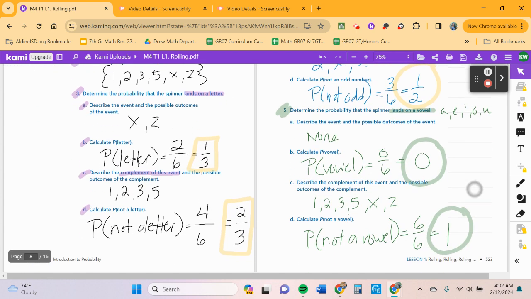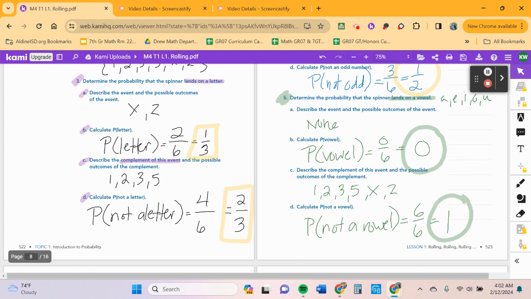Number 5, you found the probability of the spinner landing on a vowel, which were A, E, I, O, and U. And if you notice, there were no vowels on that spinner. So the possible outcomes, there were none. So the probability of selecting a vowel was 0 out of 6, which of course is 0.